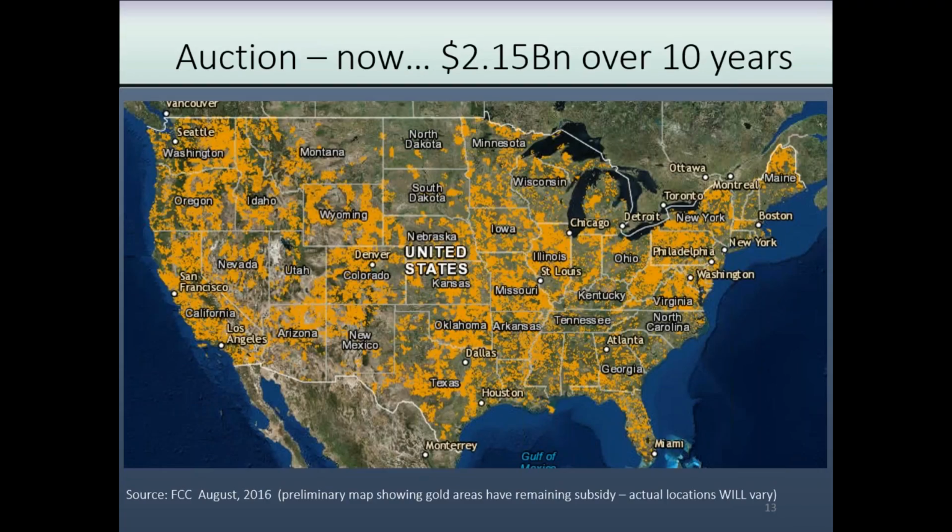When we received notice earlier in the year that additional monies had been allocated in what's called the CAM 43 model, it was released August 10. They showed us, as you see depicted in gold, the areas that are eligible for funding. And it does include every state in the U.S. with the exception of Alaska.